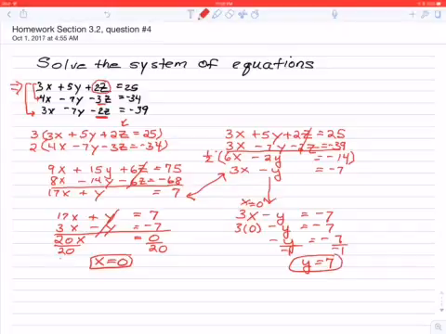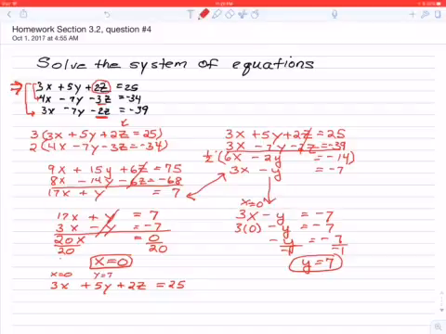So I know what x is, I know what y is, I need to find what z is. So I'll go back to my working equation. The working equation was that 3x plus 5y plus 2z equals 25. I'll replace x with 0, y with 7, and solve for z.